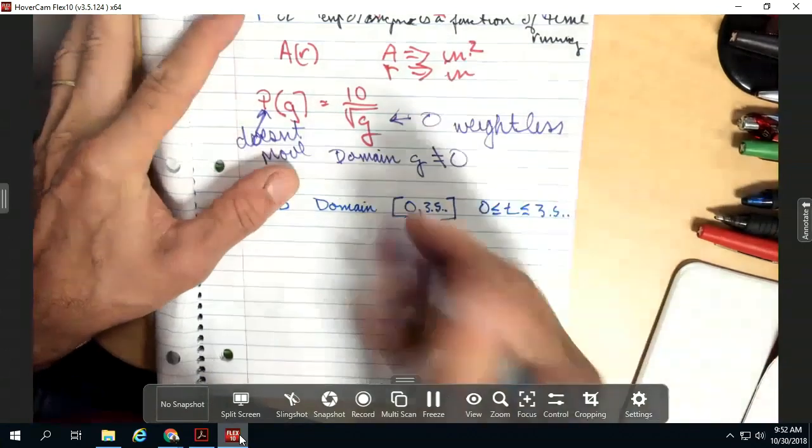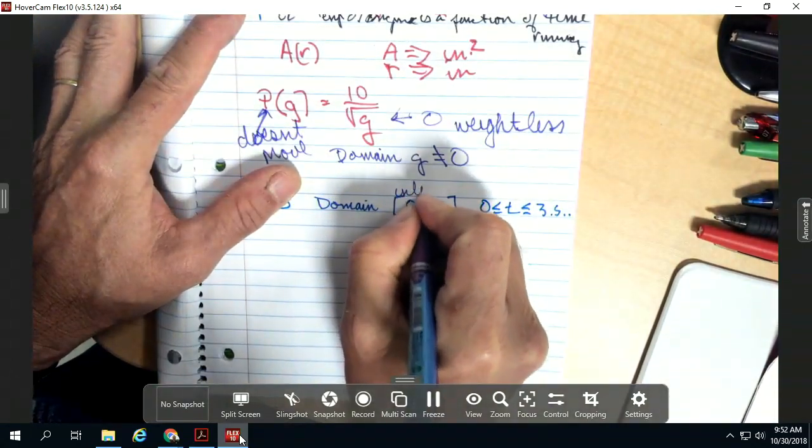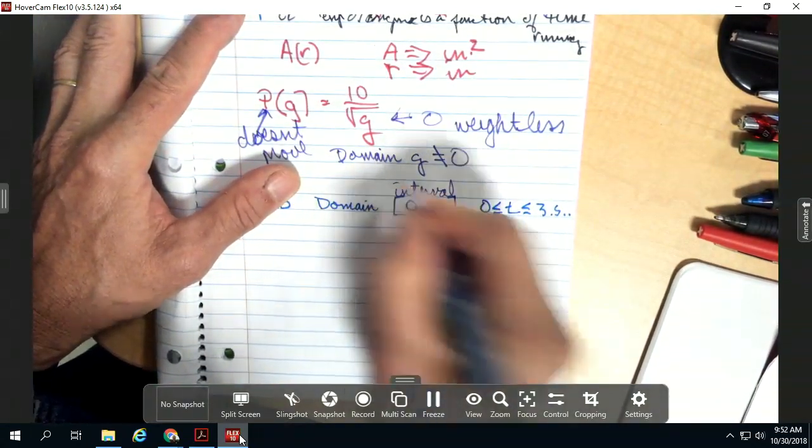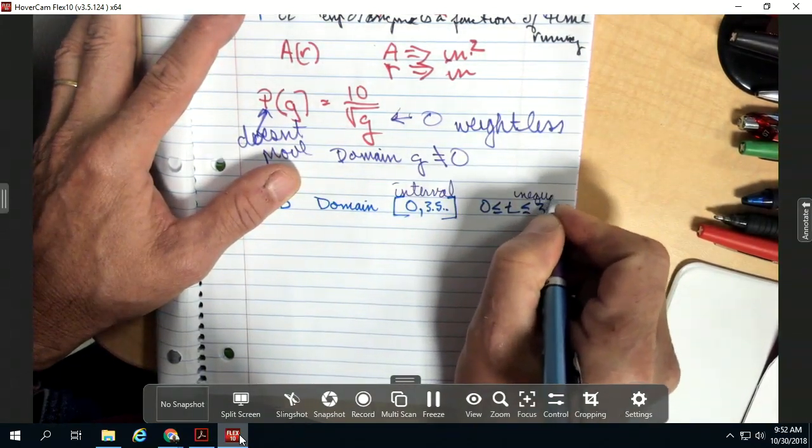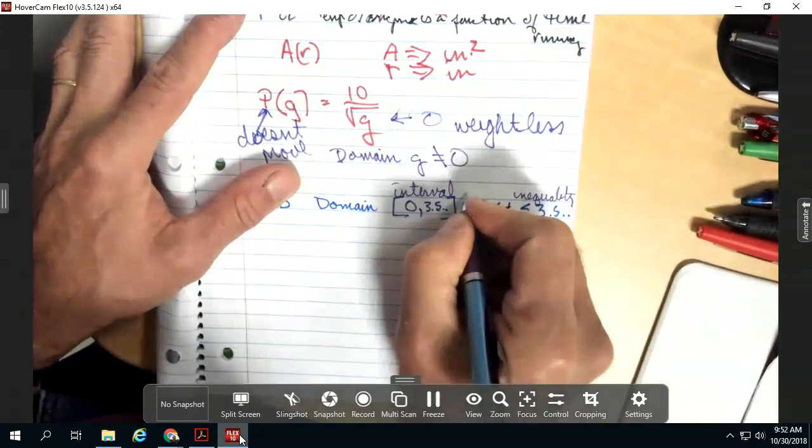This is called interval notation, and this is called inequality notation.